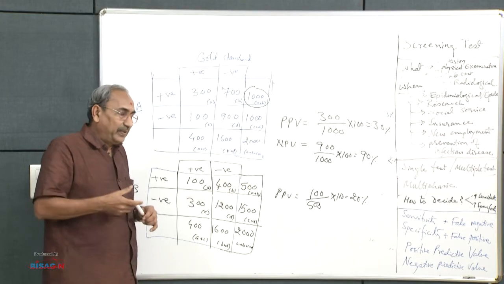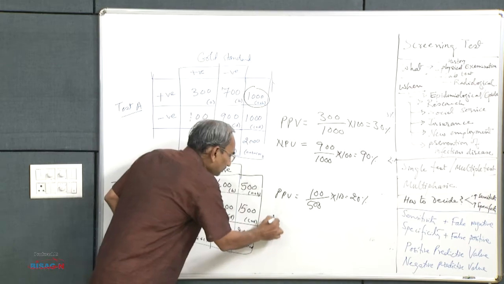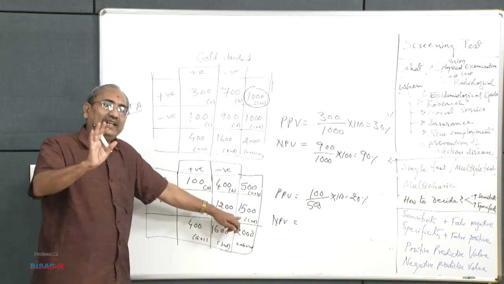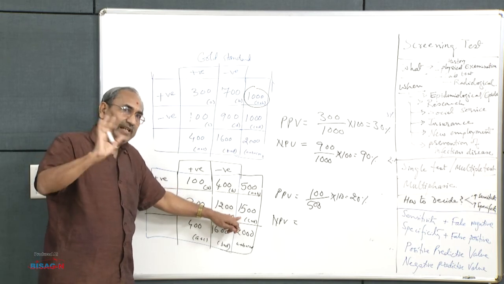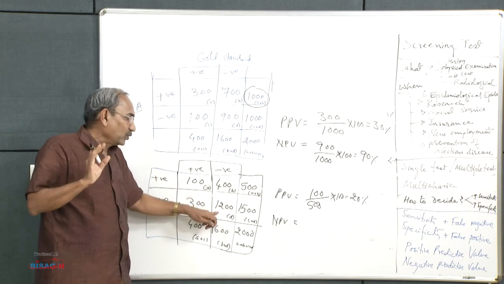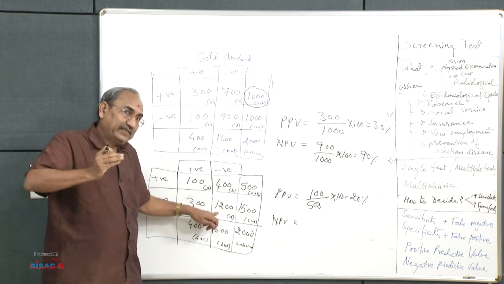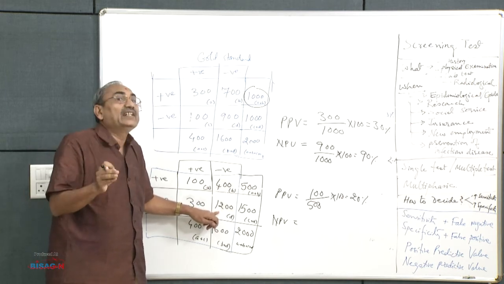What about negative predictive value? Here total 1500 were labeled as negative, out of that actually 1200 were negative. So, the test is correct 1200 times out of 1500 times.